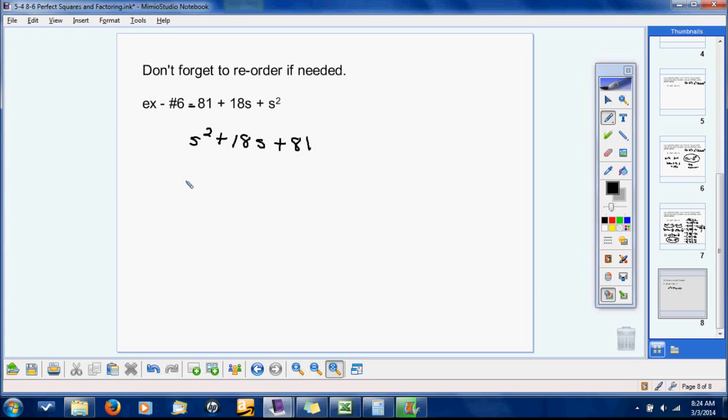So I'm just going to follow with that pattern. A is s, b is 9, 2ab is 2 times s times 9, which is 18s, which does fit our pattern.